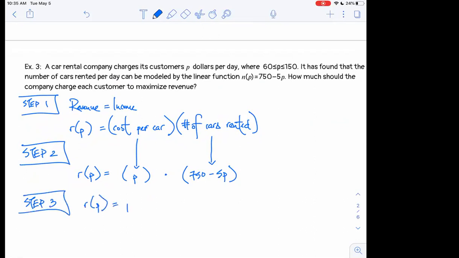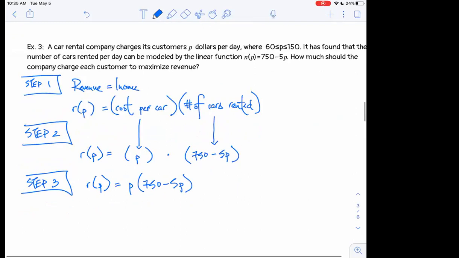So my equation is P parentheses 750 minus 5P. And someone mentioned earlier that when we see something like this, in terms of simplifying, it's probably best to distribute. So we don't need to use the product rule. So we could say R of P equals 750P minus 5P squared.